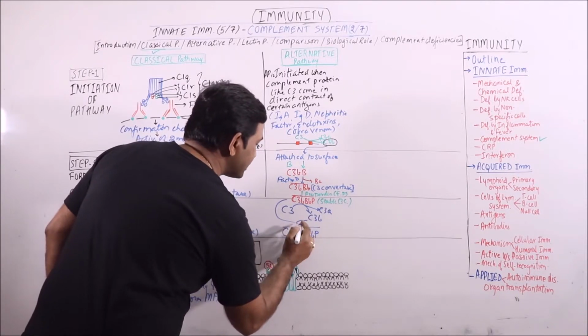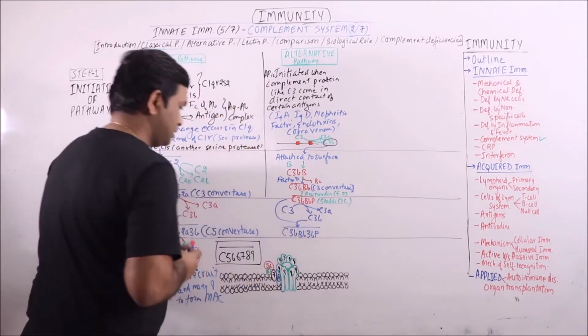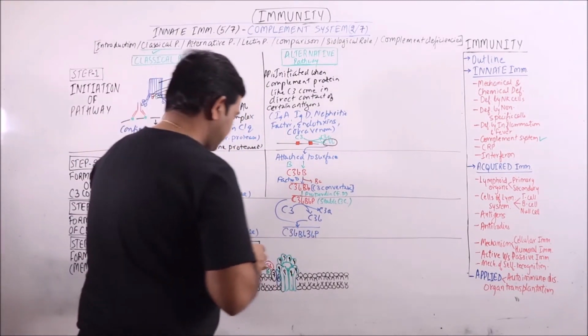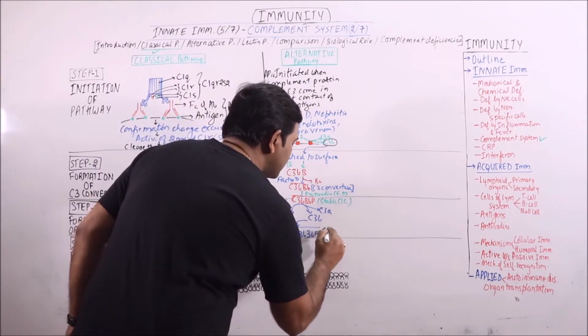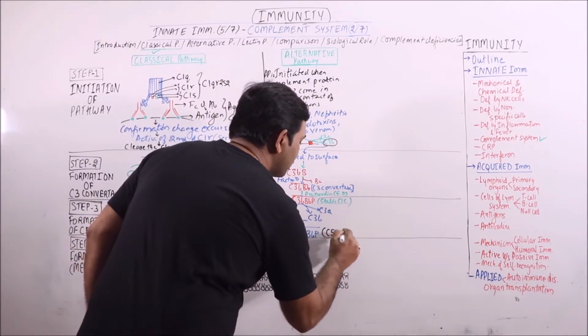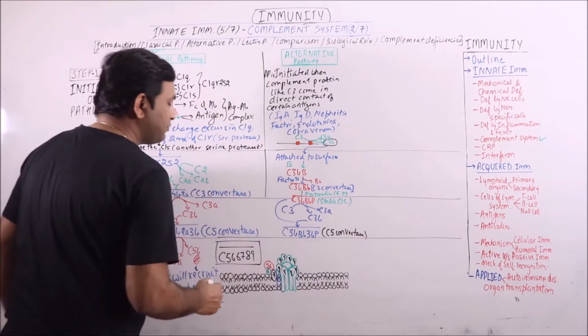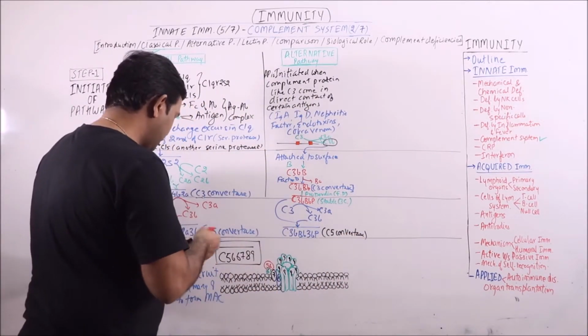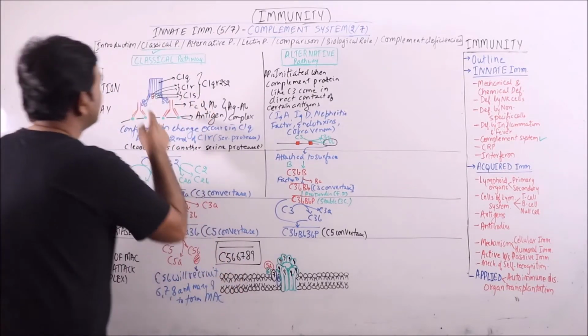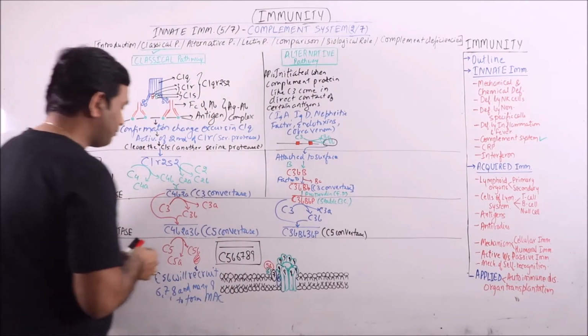This complex is known as C5 convertase. This is C5 convertase. And as soon as the C5 convertase is formed, the rest of the story is the same as in the classical pathway.